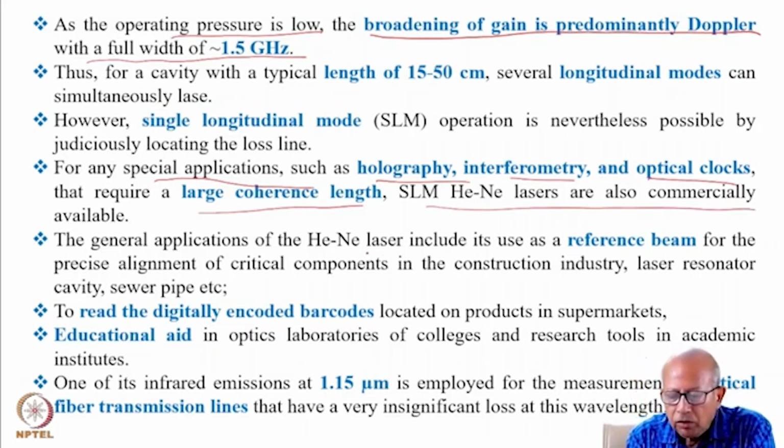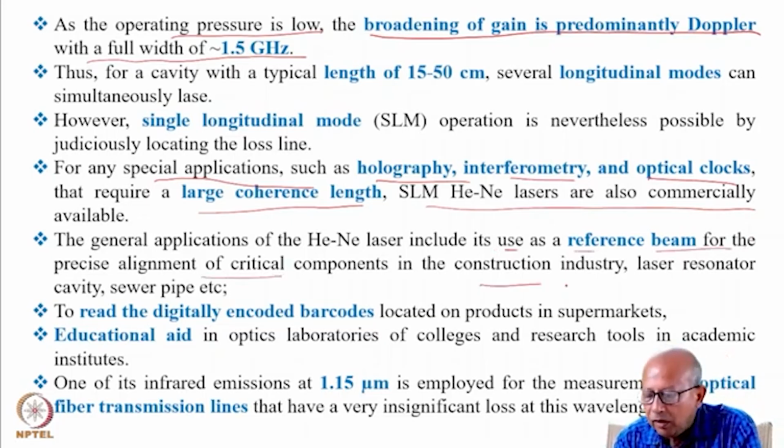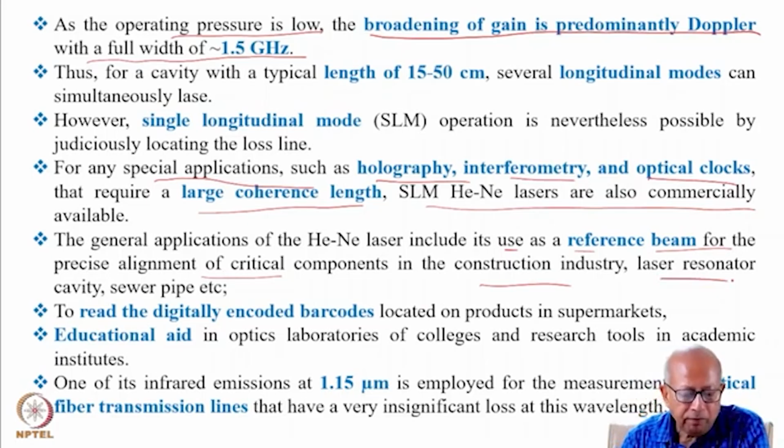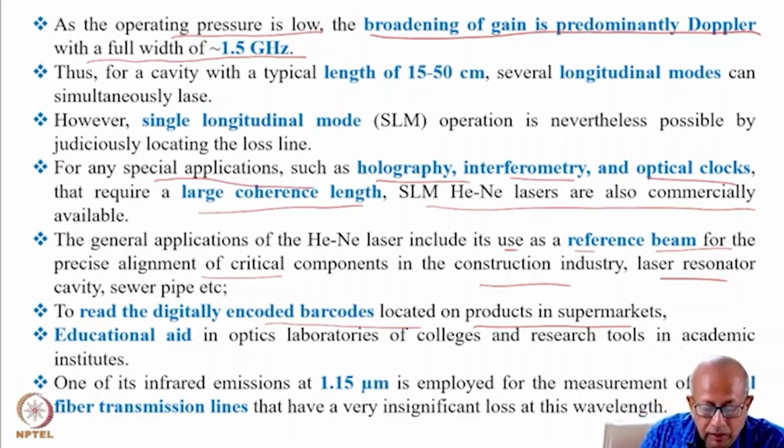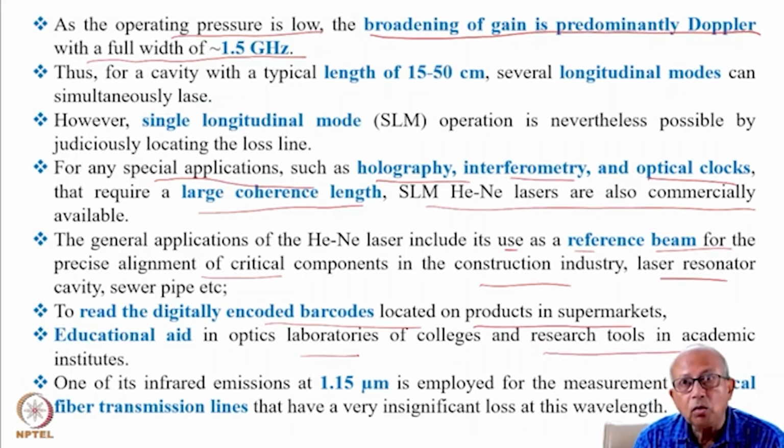The general applications of the helium neon laser include its use as a reference beam for the precise alignment of critical components in the construction industry, such as laser resonator cavities, sewer pipes, etc. You also know that it is used to read digitally encoded barcodes on products in supermarkets. The helium neon laser has also proved very useful as an educational aid in optics laboratories and in many research experiments in academic institutes, because it can give a very highly monochromatic output.